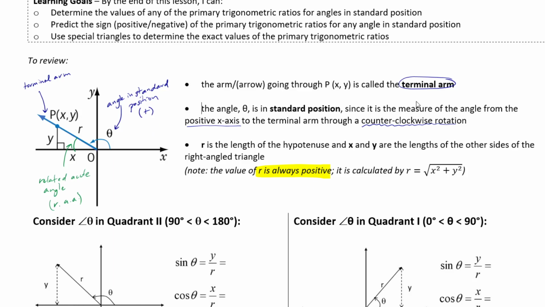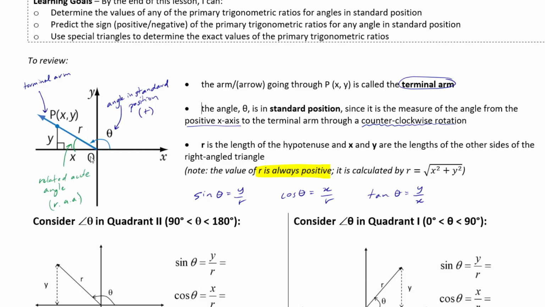When we have these angles, we can then redefine sine, cos, and tan. Sine theta is y over r. Cos theta is x over r, and tan theta is y over x. So sine of theta would be the y value opposite over hypotenuse, y over r.